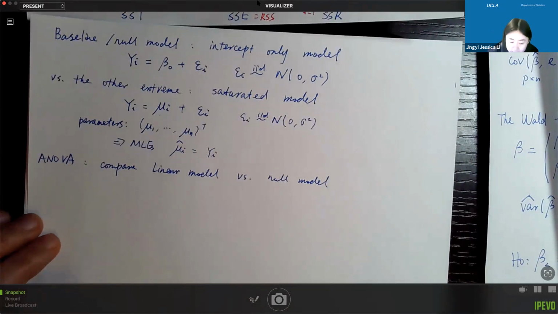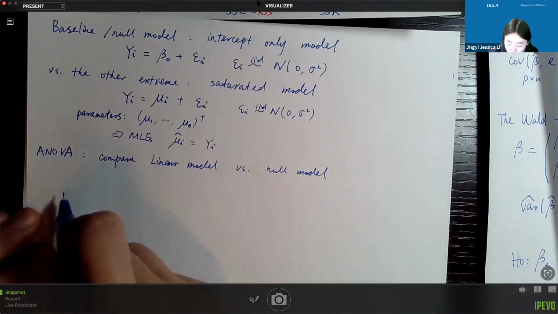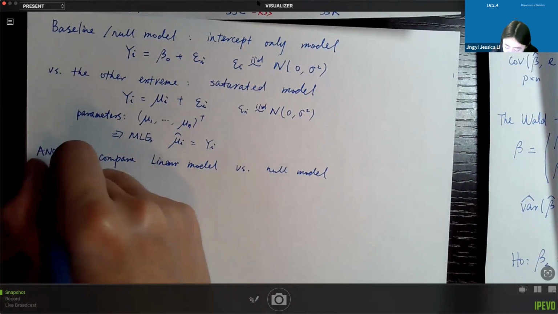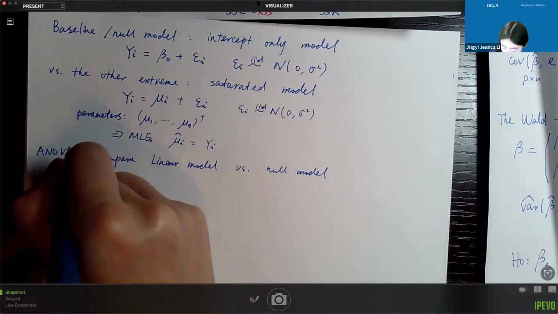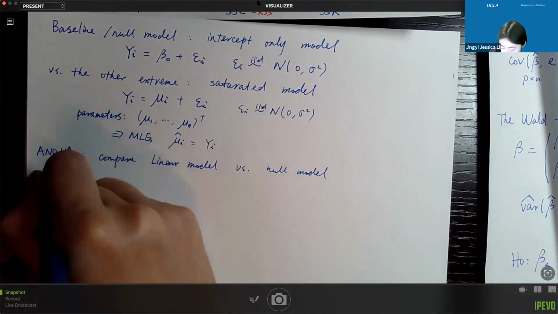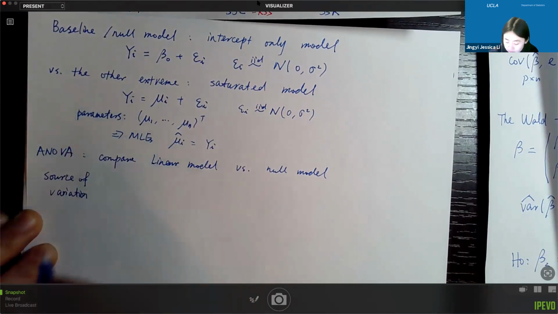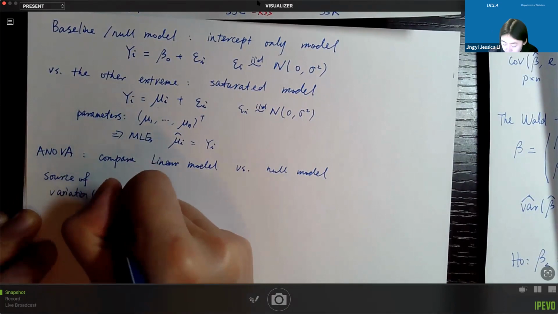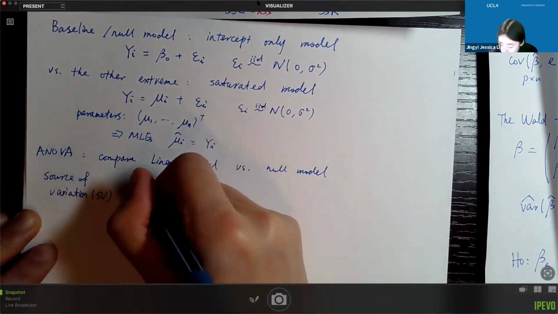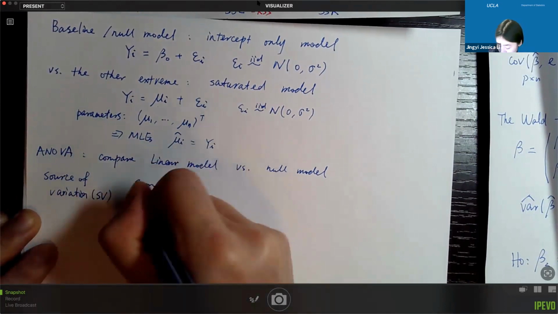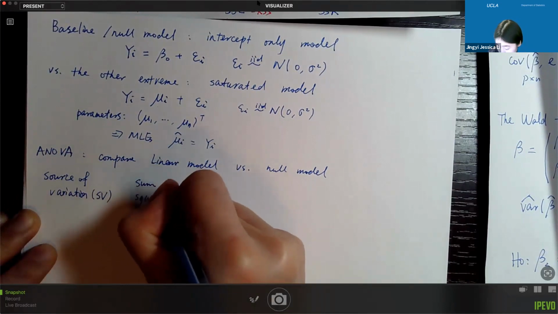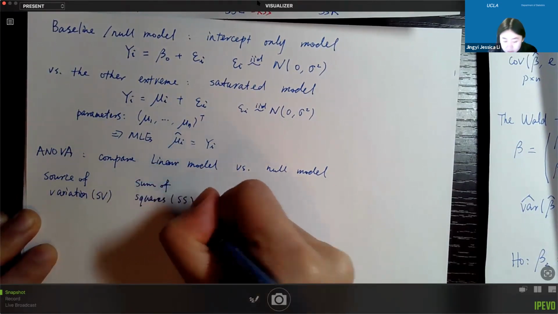In the ANOVA, we have these columns. The first one is what we call source of variation. You can consider this as a description. The second one is sum of squares, which we call SS.